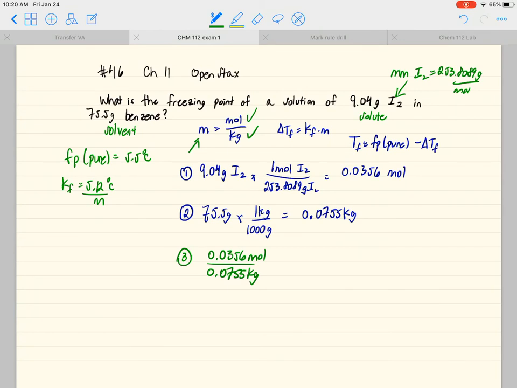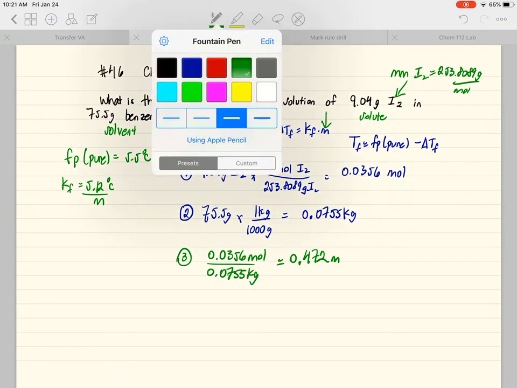So 0.0356 divided by 0.0755, and that's going to be equal to 0.472 units of molality, or small m.